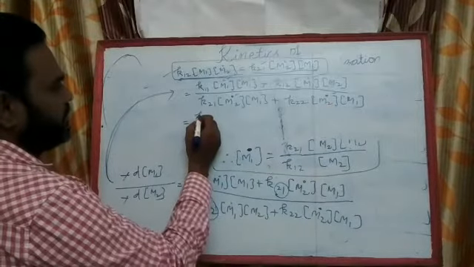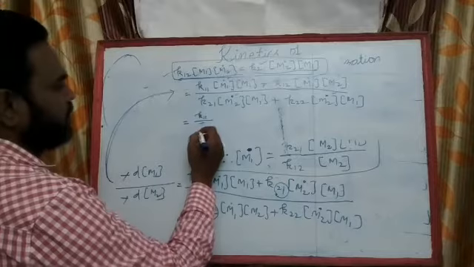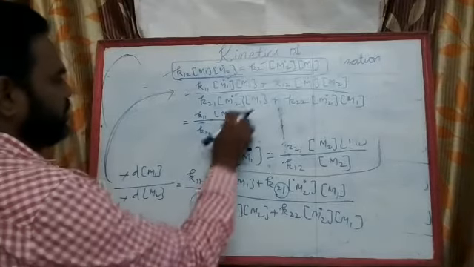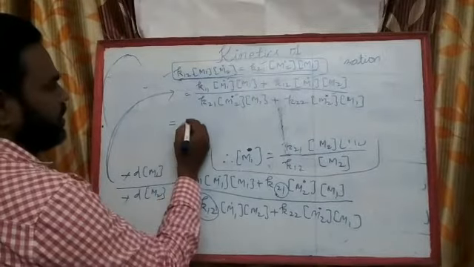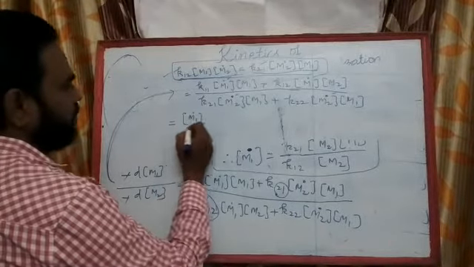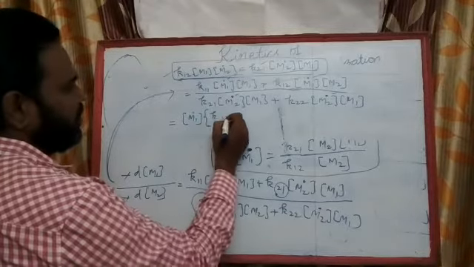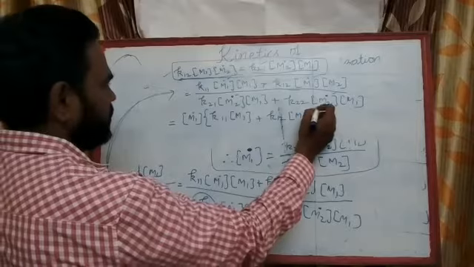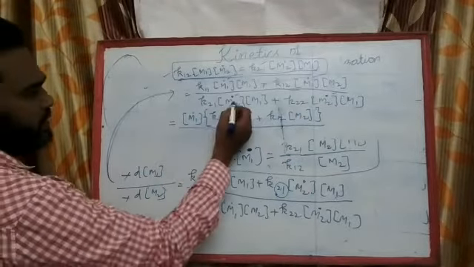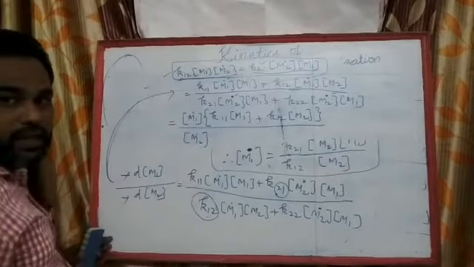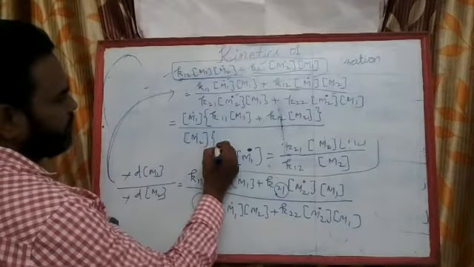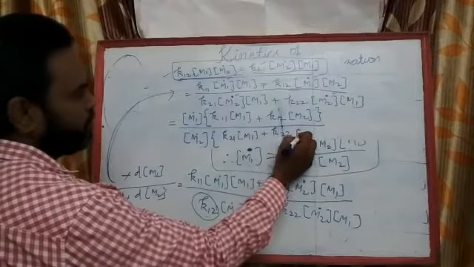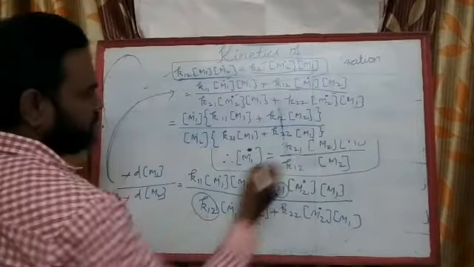So I can write K11 M1 dot common: M1 dot, K11 concentration of M1 plus K12 concentration of M2, divided by M2 dot as a common parameter, so this becomes K21 M1 plus K22 M2.